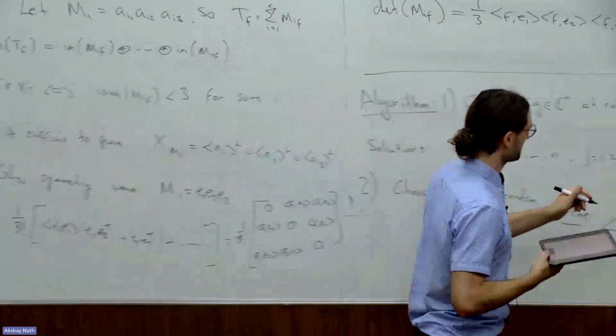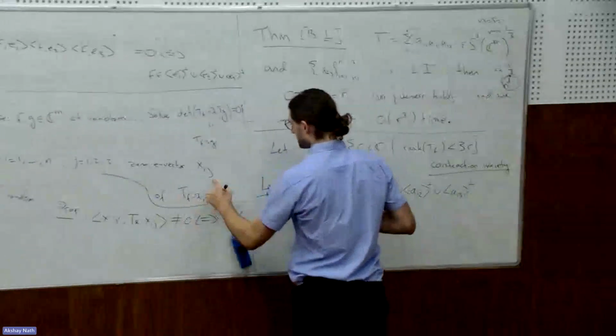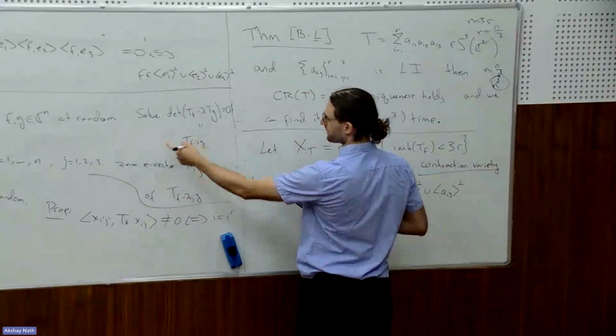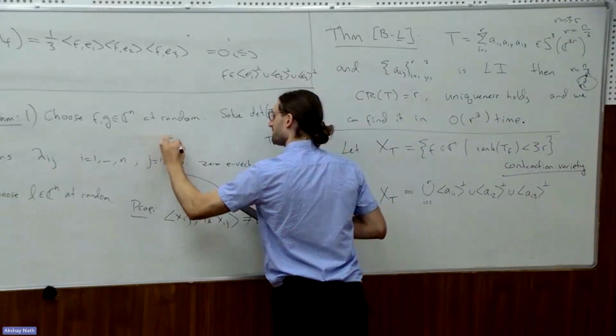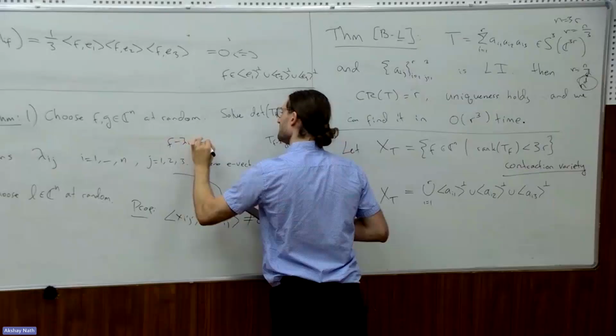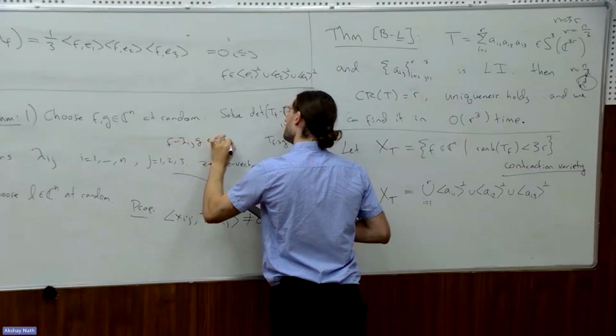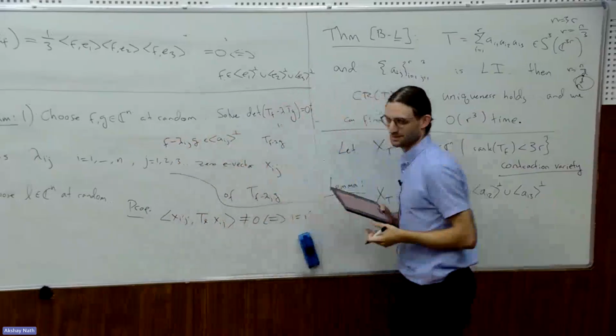Maybe I should mention that the way I've indexed this is that f minus lambda ij g is in aij perp. This is how I'm indexing these solutions.